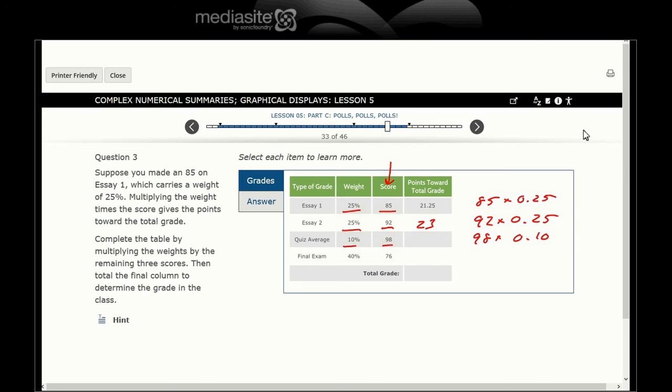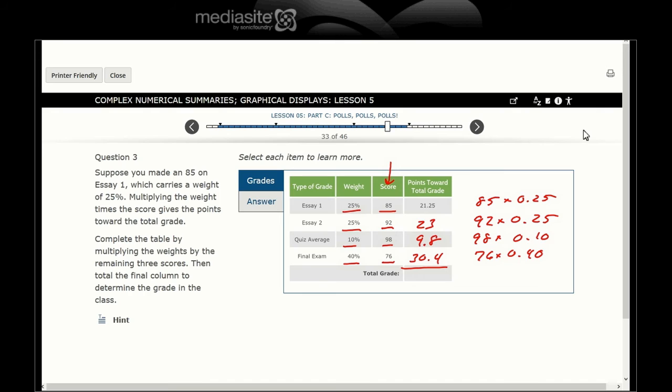So 98 times 0.1 or 9.8. Final exam was 76 and it weighs 40% of your grade. So 76 times 0.40, or 30.4.